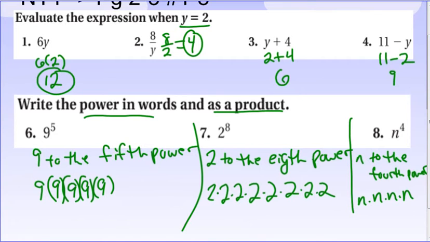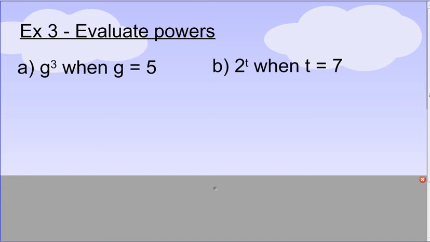Now we're actually going to evaluate some powers. So here we have evaluate g to the 3rd power when g is 5. So we want to figure out what the answer to this is. The first thing we're going to do is substitute. So g is 5, so we substituted. Now we can evaluate.